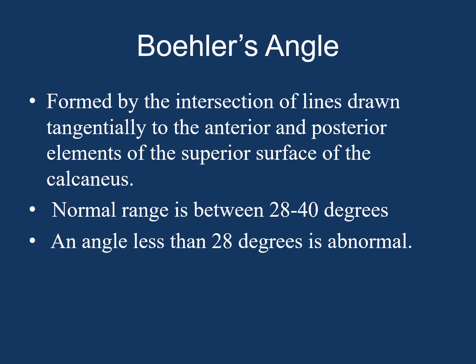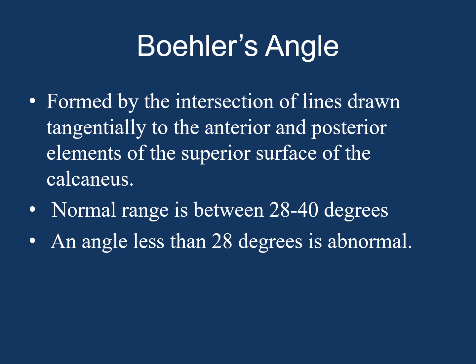Boehler's angle. What is Boehler's angle? It is formed by the intersections of lines drawn tangentially to the anterior and posterior elements of the superior surface of the calcaneus. The normal range is between 28 to 40 degrees.